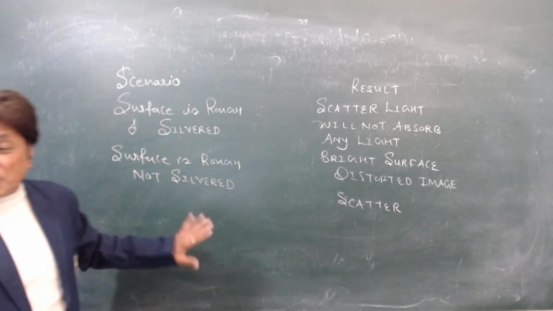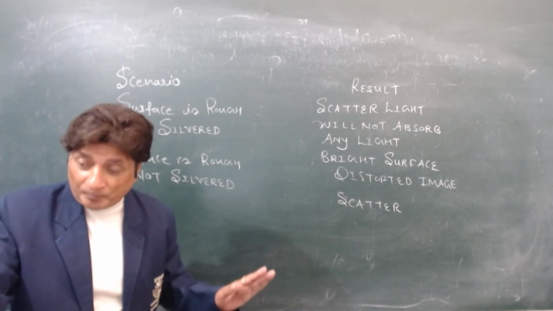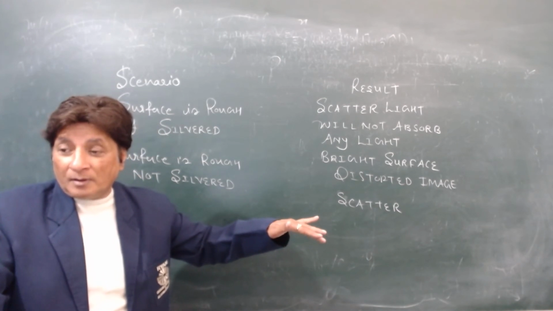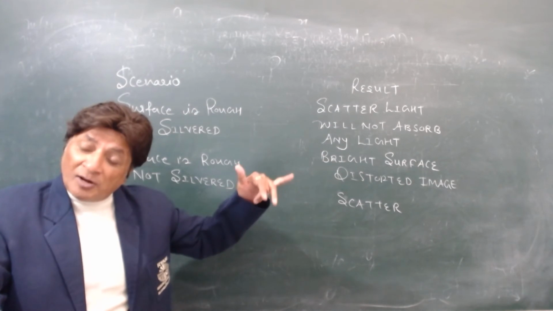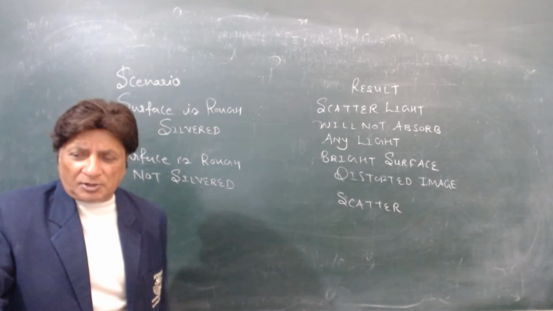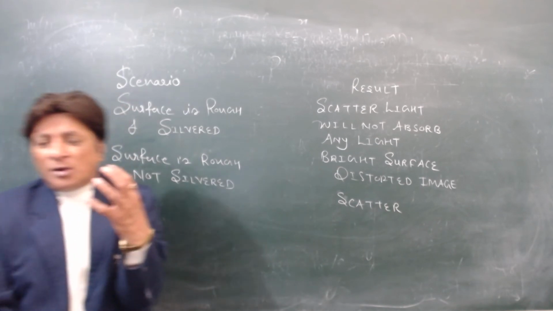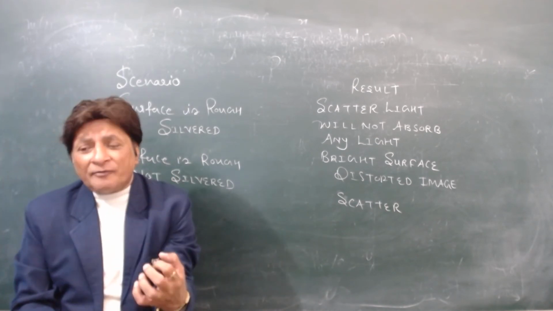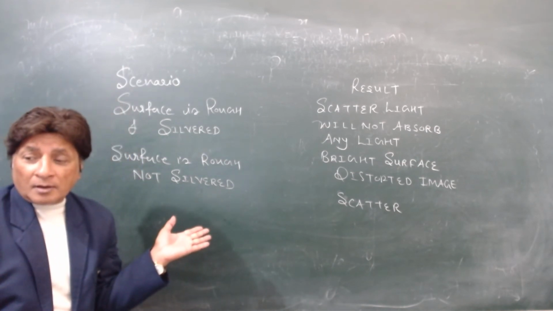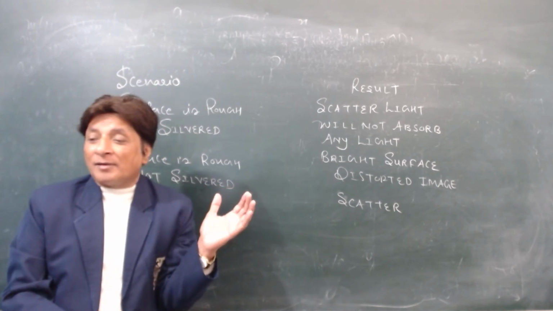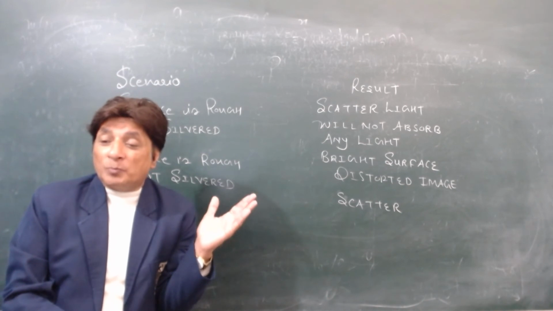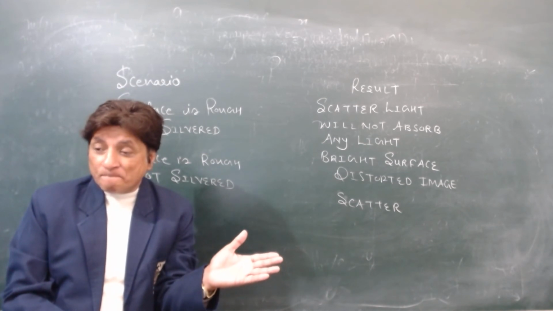If this is a rough surface and silvered, it will scatter light and it will not absorb light, but we see a distorted image. And if this is a rough surface, not silvered like this board, there is scattering of light, no bright surface, and no image.